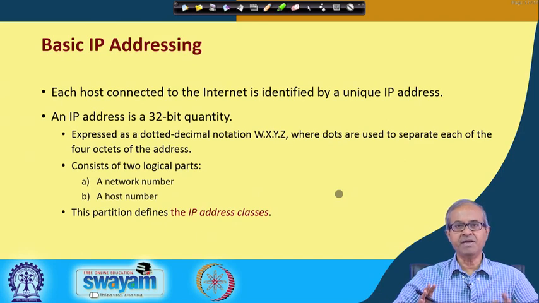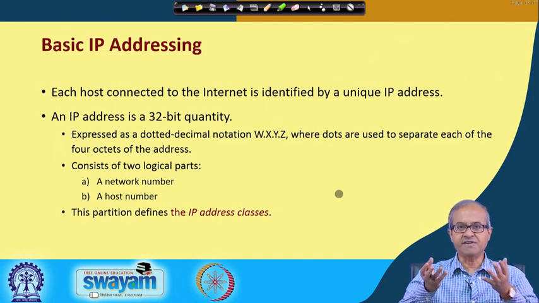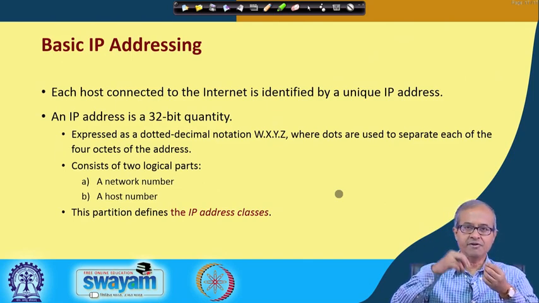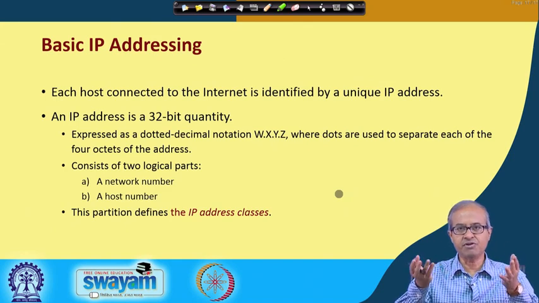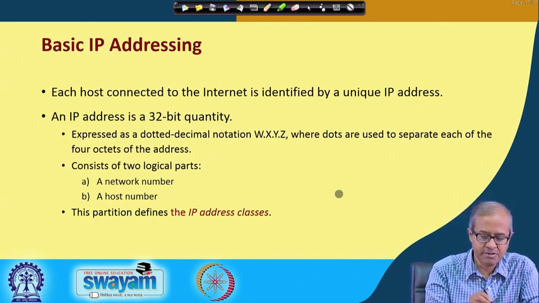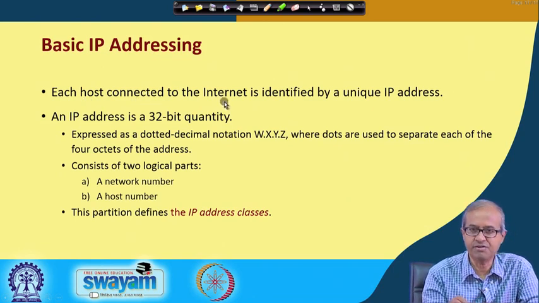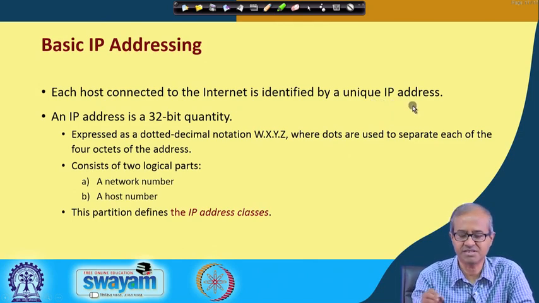At the level of IP, we assign some kind of address to every computer or host, and that address is supposed to be unique, because if it is not unique, and you are sending a packet to some other computer and there are multiple computers with the same IP address, there will be confusion. The routers will not know where to forward, and therefore this uniqueness in address is very important. So, each host connected to the internet has to be identified by a unique IP address.